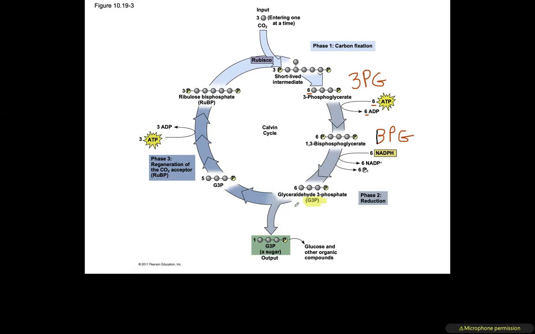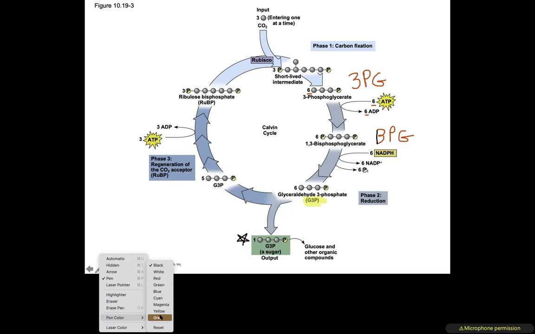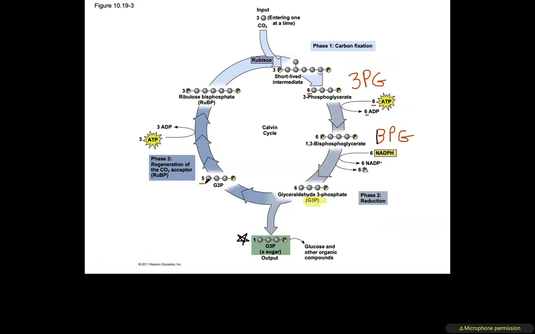So one G3P is going to leave. He's a partial sugar molecule. And 5 of them are going to move forward and continue on in the reaction. So 5 G3Ps move forward, and those 5 G3Ps are going to be used to regenerate the original acceptor molecule.